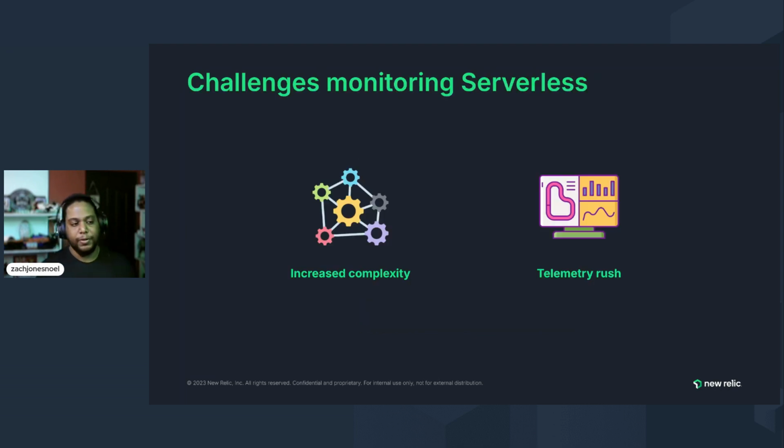Today, when you talk about serverless and observability or monitoring, there are challenges. By now you would have understood that even with a simple architecture, there are too many components to a serverless application. Even an API that does CRUD operations would have an API Gateway, a Lambda function, and a database, be it DynamoDB or RDS.